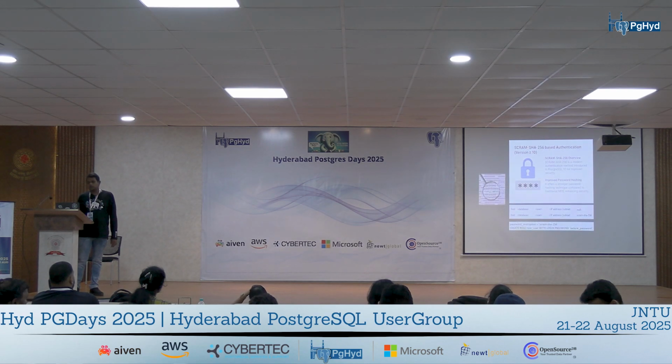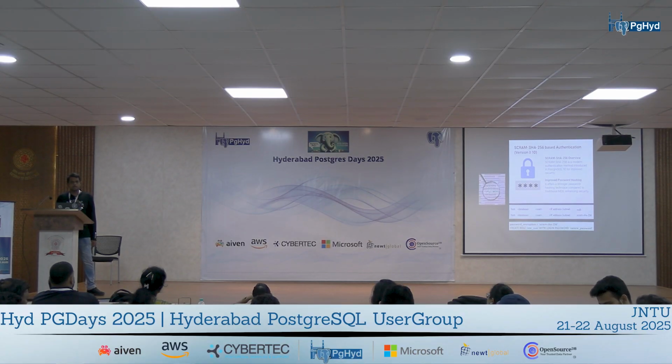Coming to authentication and encryption, can I know how many of you are still using plain text or MD5 passwords? You are using MD5. And how many of you are using MD5 along with PgBouncer? Okay, you are using PgBouncer along with MD5.